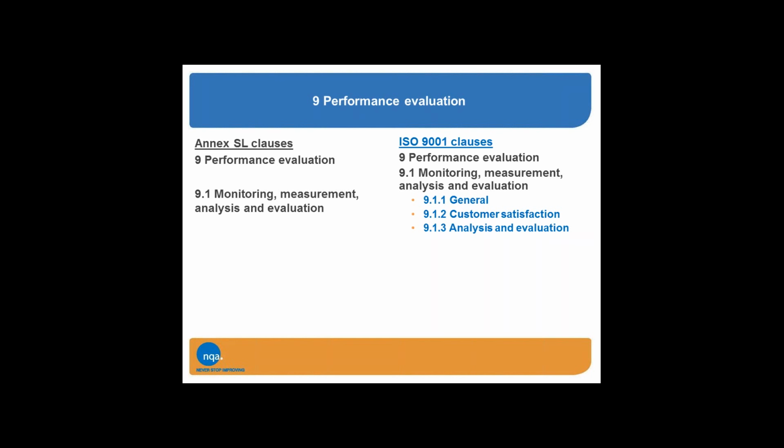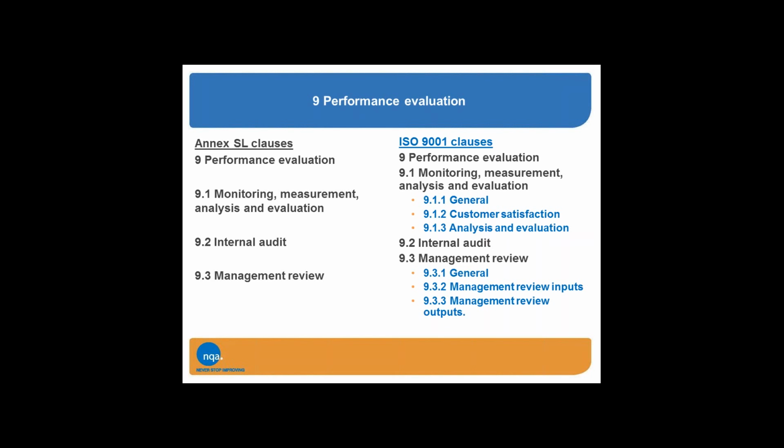In general, the sub-clauses are in blue because Annex SL does not subdivide that clause in the way that 9001 does. Then we have our requirement for internal audit as part of our performance, one of the tools in our performance evaluation kit, and not surprisingly we have that same requirement in 9001, and again management review carries over into 9001.